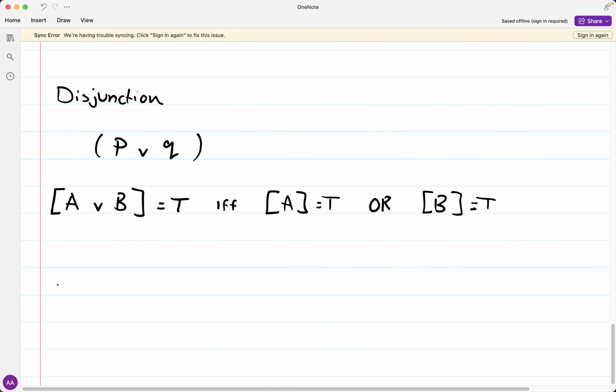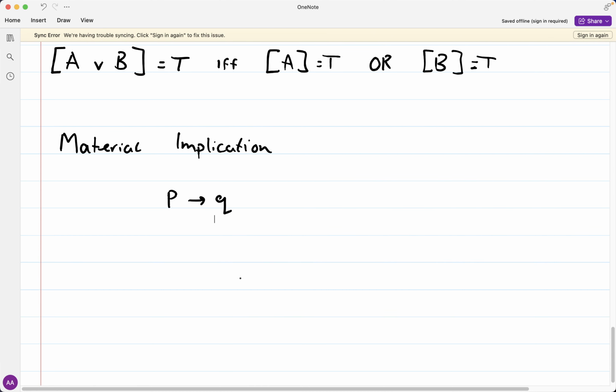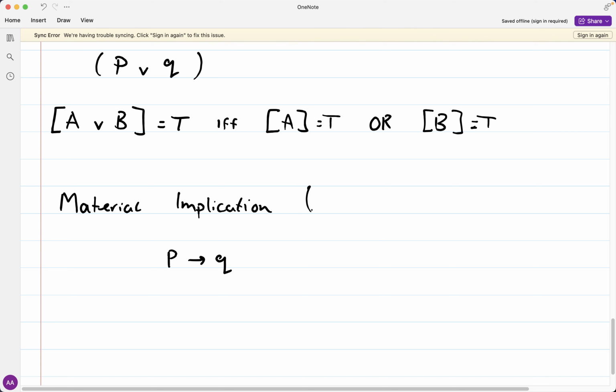Moving on then, the fourth one, the material implication. The material implication, as written here. Well, we have a P, then we have the material implication as written as so, and then we have Q. What does this tell us? Well, the material implication is sometimes defined as, or written as, a conditional.